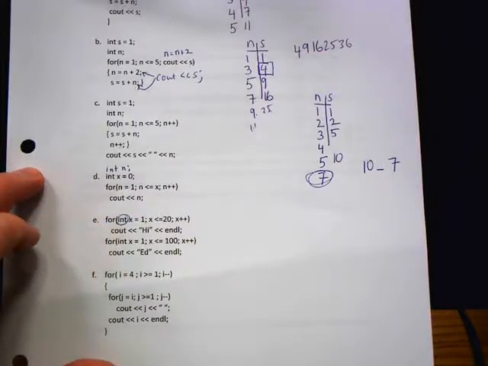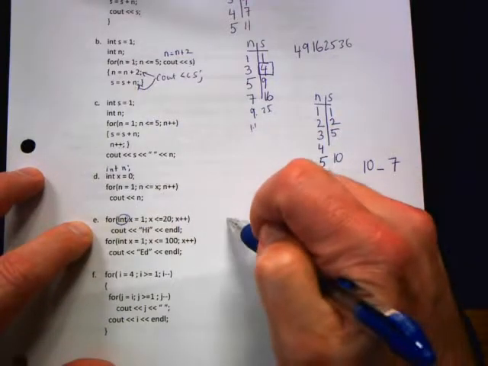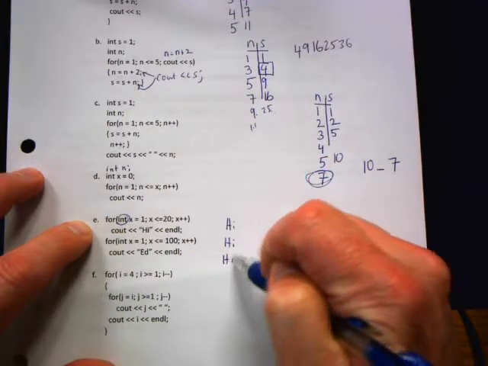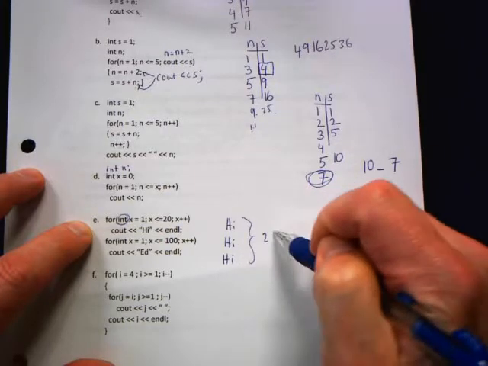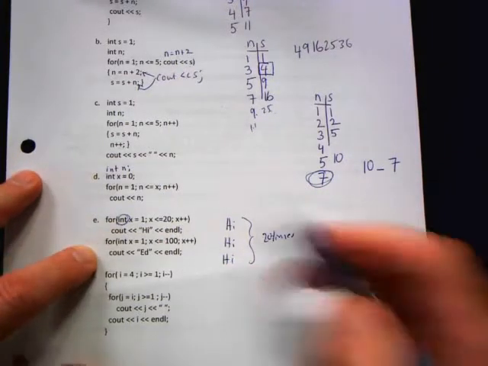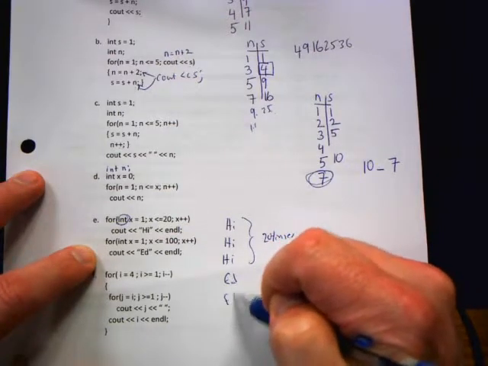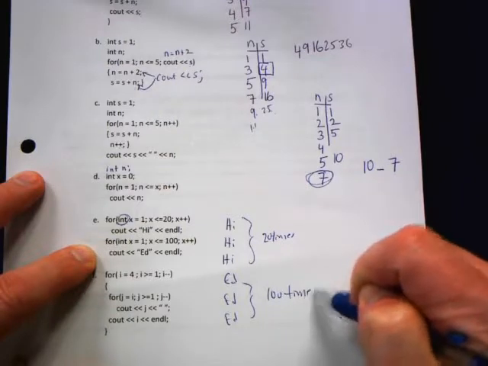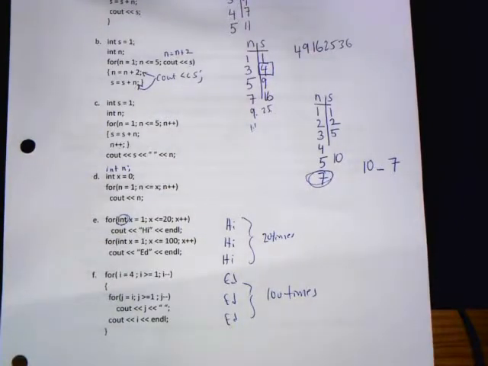It's doing the one loop first because that's what's written. So it's going to print hi, hi, hi 20 times, because there is an endl on each one. And then it's going to print ed, ed, ed, and it's going to do that 100 times. So it's kind of goofy. I'm not sure if that's what we want it to do, but that's what it's going to do.